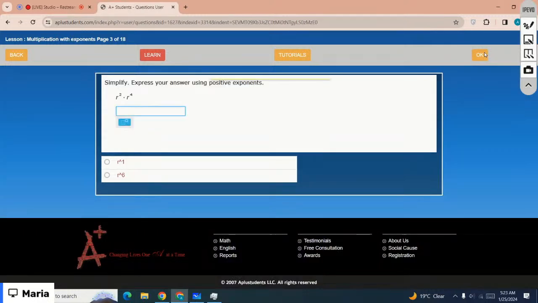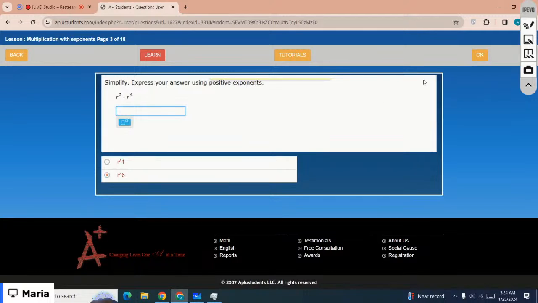The next one is simplify r square times r exponent 4. Yes, that is r exponent 6.